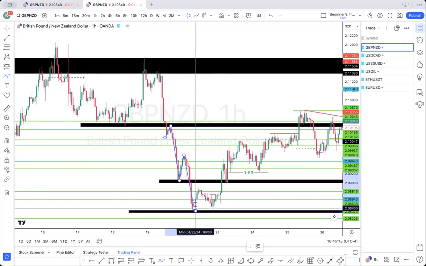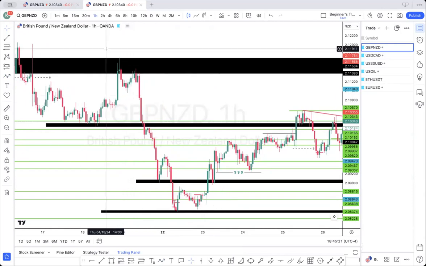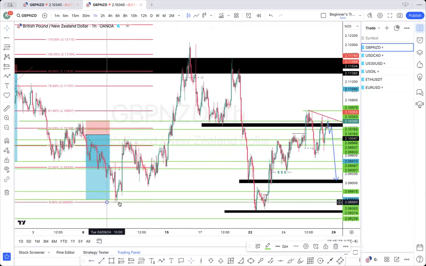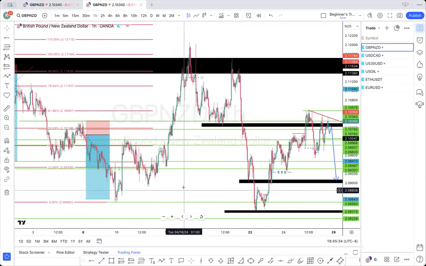So at this point, price pushed up, price pulled back into an order block. And I believe, so the first thing is price broke this low, right? Price broke this low.